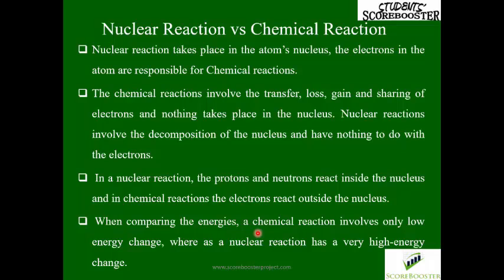The energy in a chemical reaction is around 1000 joules, 1500 joules, sometimes 42,000 joules, depending on the reaction. But in nuclear reaction, we talk about hundreds of thousands of joules, millions of joules of energy. So in short, nuclear reactions have far greater energy in relation to chemical reactions.